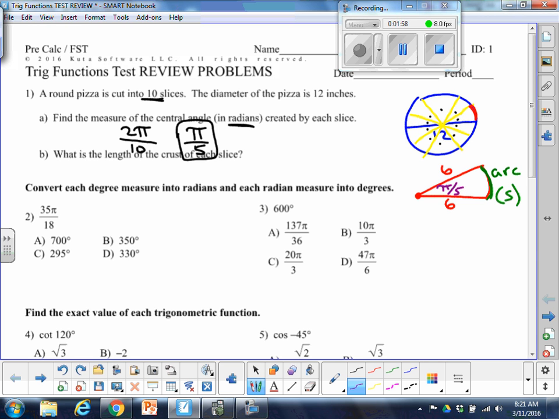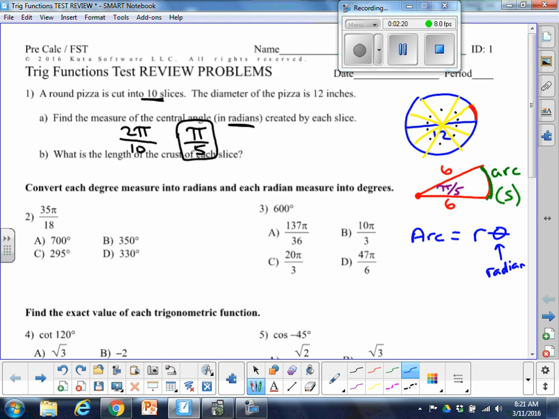So the relationship is, if you remember, the definition of a radian, I guess, is what I'm getting at. But what it boils down to, the arc length always equals the angle times the radius. Okay, and the angle must be in radians.